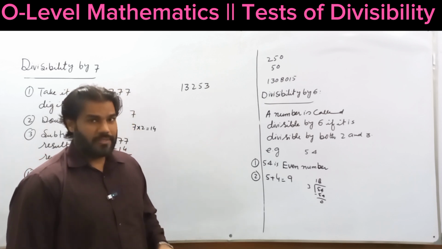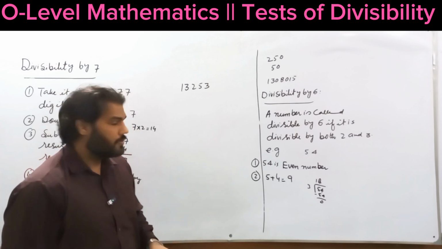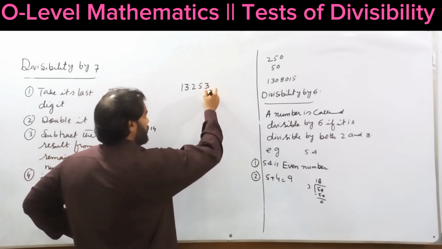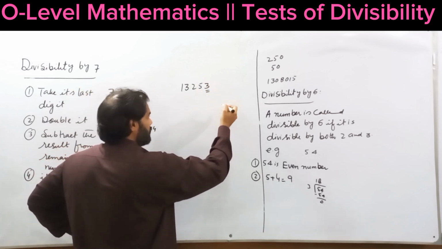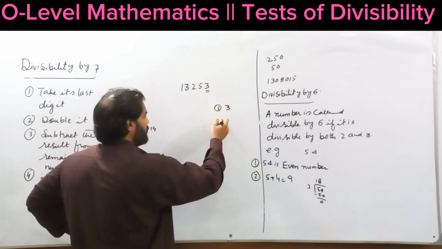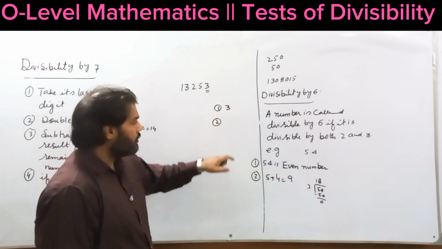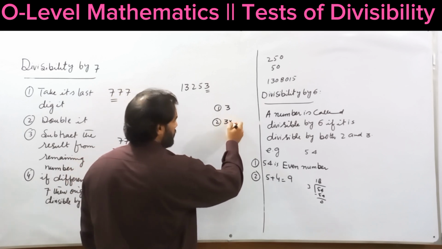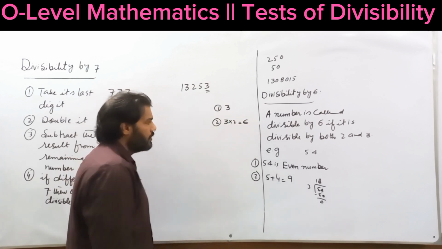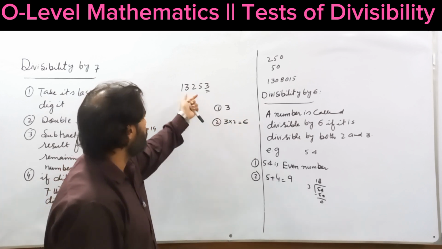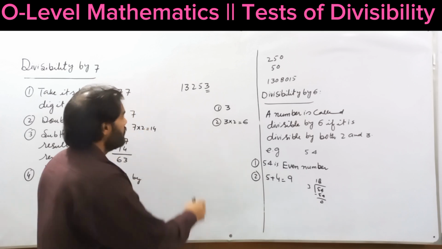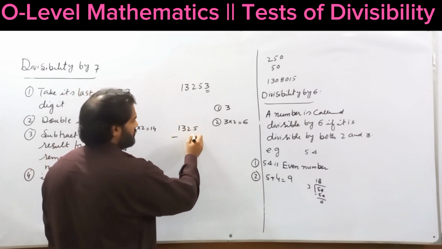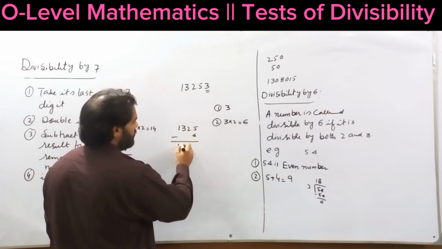I have to check whether the number is divisible by 7 or not. What are the steps? Firstly, I will take the last digit 3. This is my first step. Second step, now we double this number 3. This will give us 6. Now I subtract this 6 from the remaining number. The number is 1325 minus 6. This will become 1319.